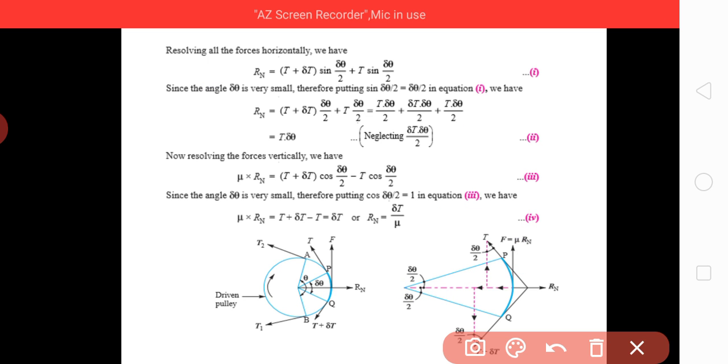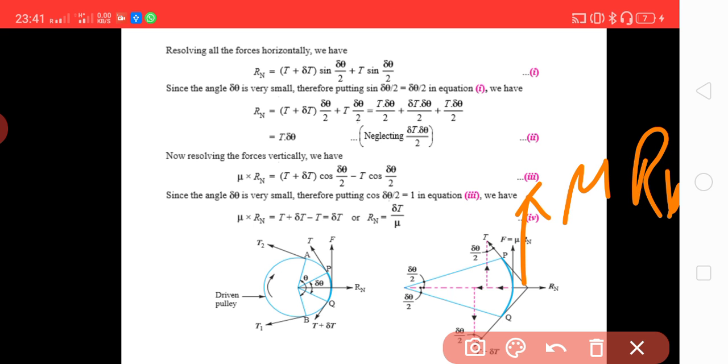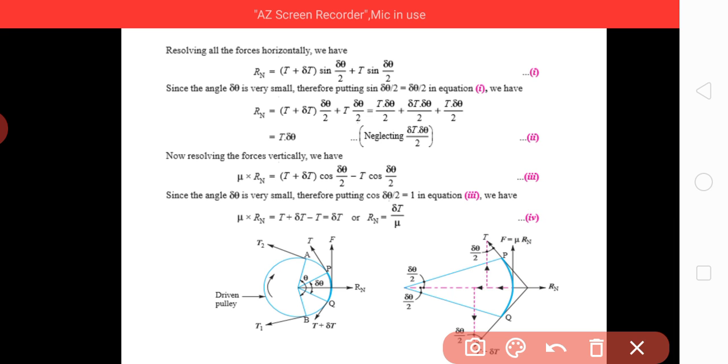Now resolving the forces horizontally, we have the frictional force mu Rn. So mu Rn equal to T plus delta T cos delta theta by 2 minus T cos delta theta by 2.